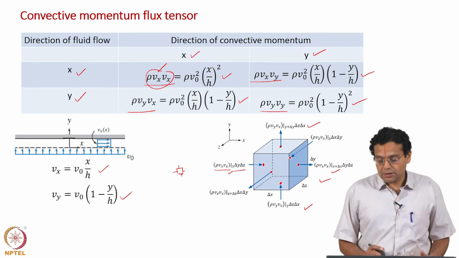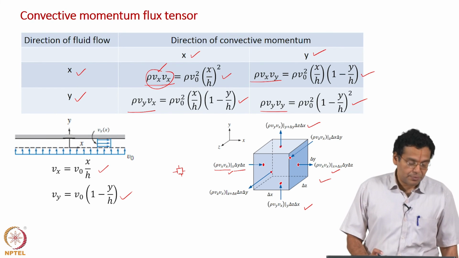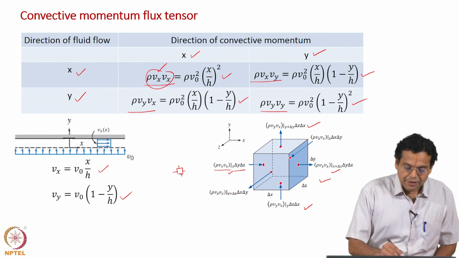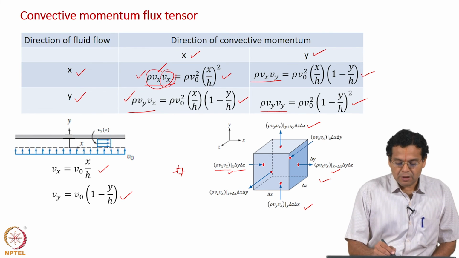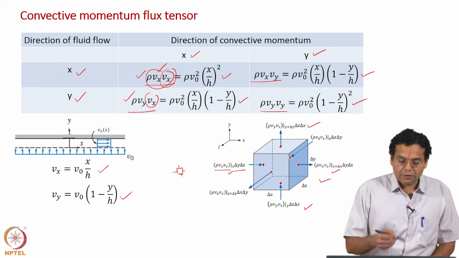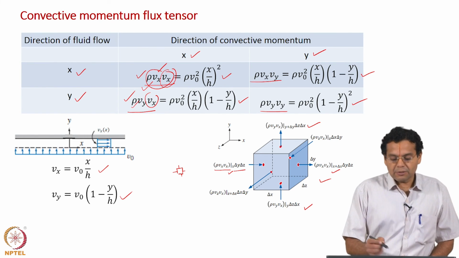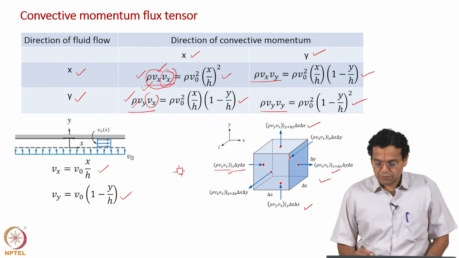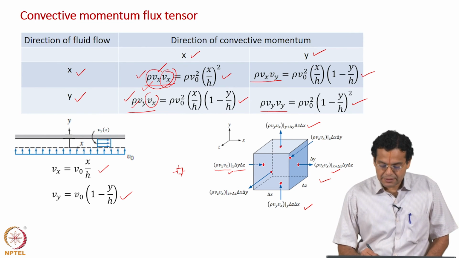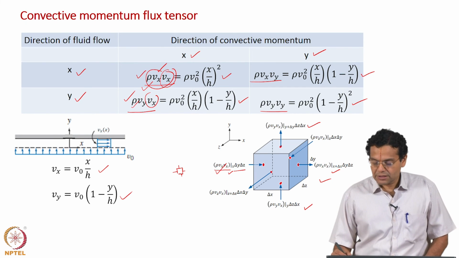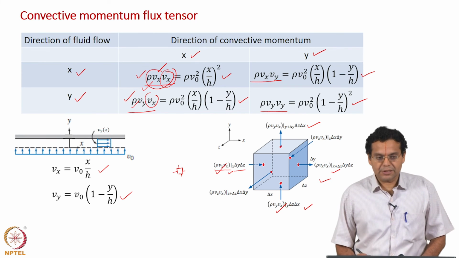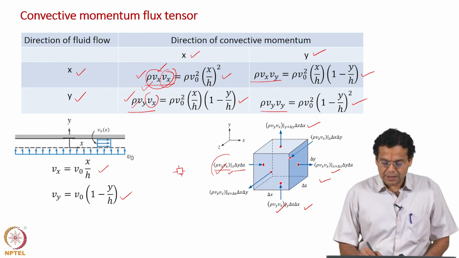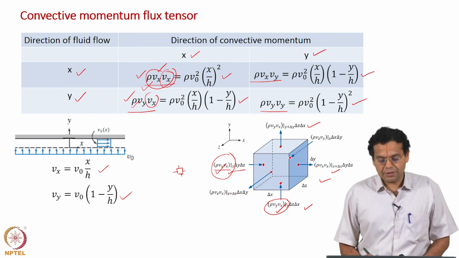Now, for the x component of the linear momentum balance, we have these two terms. Remember, the second component is Vx, and the flow is both in the x direction and y direction; the second component is along the x direction. So, what are the corresponding terms here? We do not discuss inflow and outflow, only a particular point, and then these two: rho Vx Vx and rho Vy Vx.